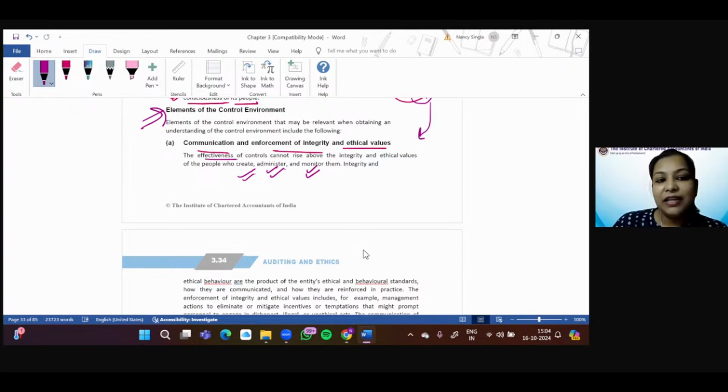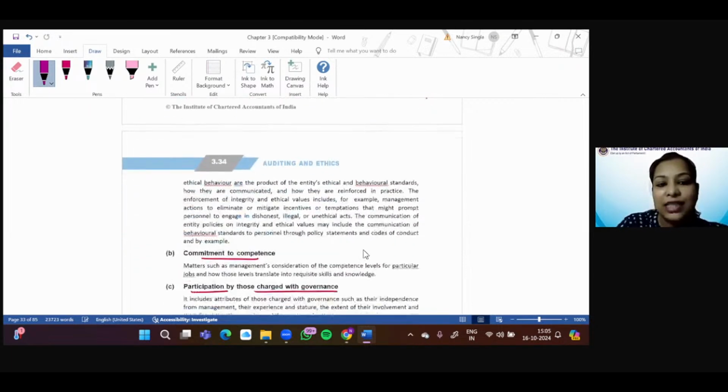The effectiveness of controls cannot rise above the integrity and ethical values of the people who create, administer, and monitor them. So if the person who has created, administered, and is monitoring the internal control is not himself or herself following it, then chances are that it will not operate effectively in the organization, right? So it says communication and enforcement of integrity and ethical values.